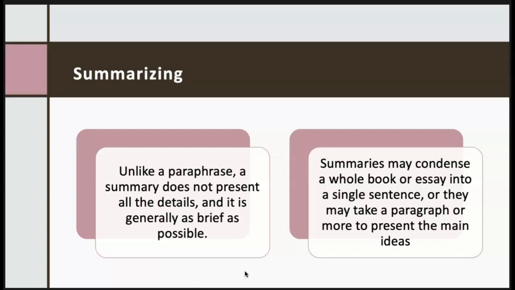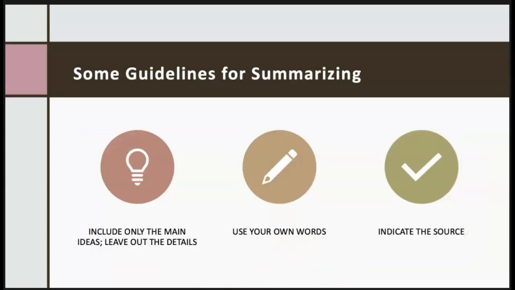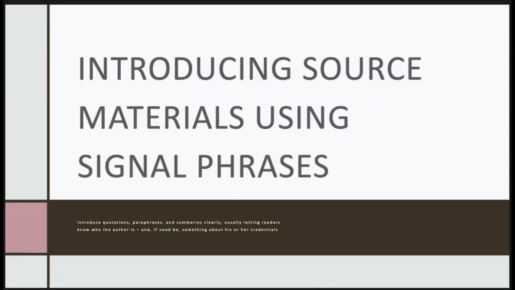Summaries can actually condense a whole book or an essay into a single sentence, or they may take a paragraph or more to present the main ideas. Some guidelines for summarizing: include only the main ideas, leave out the details, use your own words, indicate the source. All of these things are important when you're summarizing.